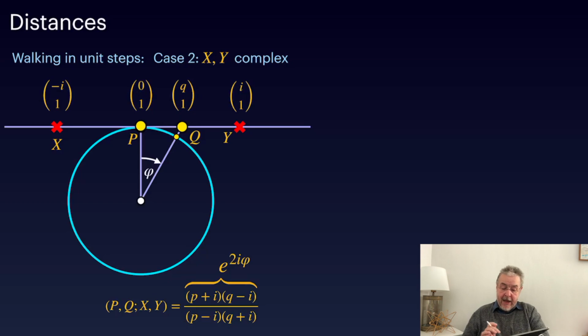Now again I make some without loss of generality assumptions to make my calculations a little easier. I assume that P is located at the 0 position, and I can do that by projective transformation. Now I have my point Q still sitting here, and I want to get this angle.